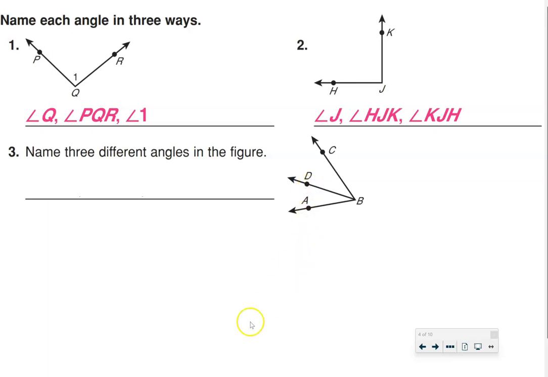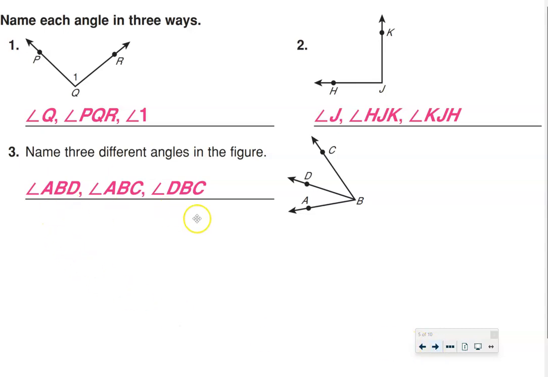See if you can name all three. Okay, so let's take a look here.